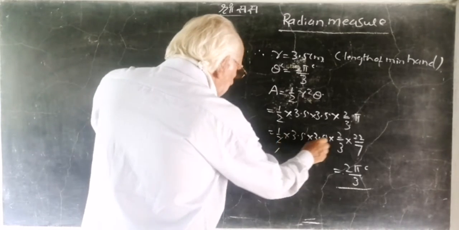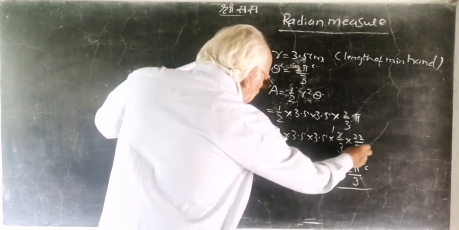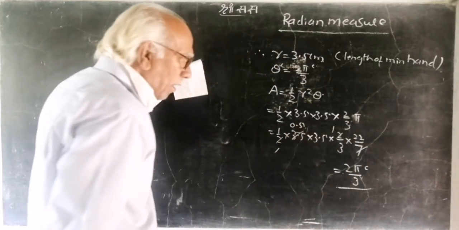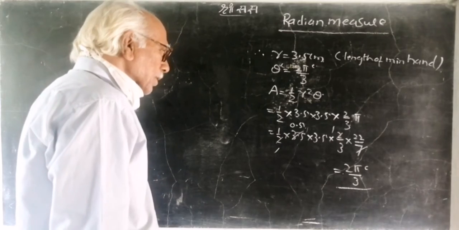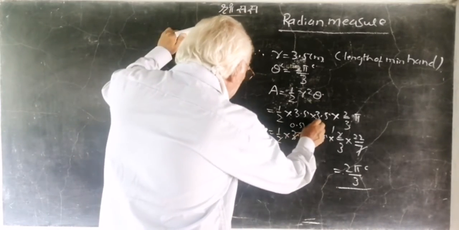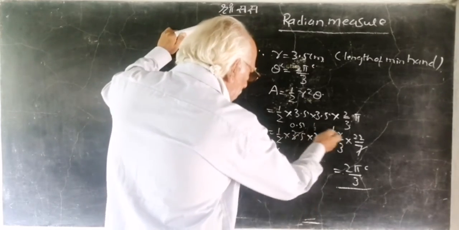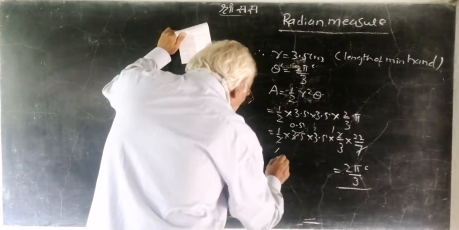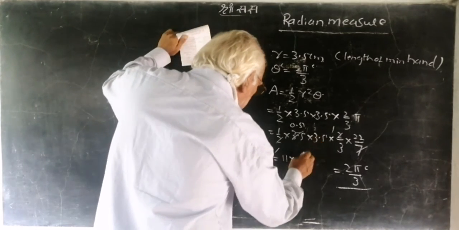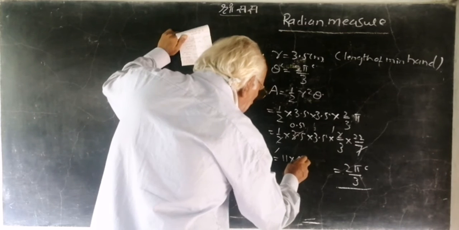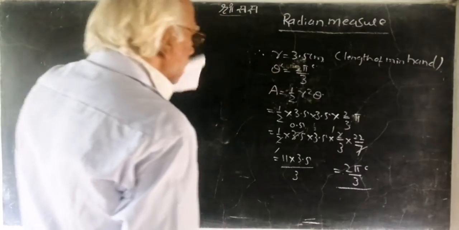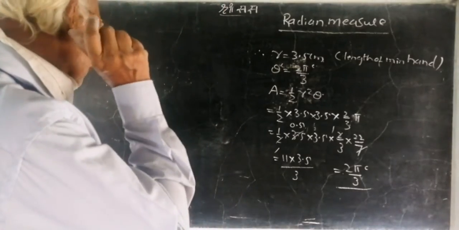So here you can cancel 2, and 7 ones are 7, 0.5 are 0.5. So now you can multiply. What is this 0.5? It is nothing but 1 by 2. So 2 and 22, if you multiply these two, you will get 11, and into 3.5 into 3.5, divided by 2.